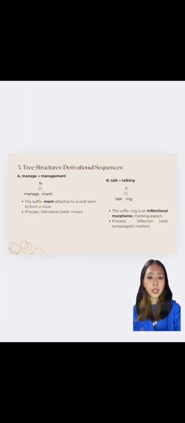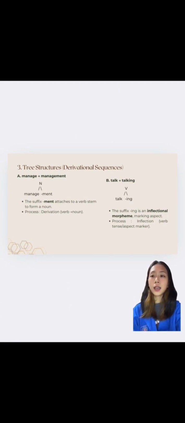Okay, for the next slide, it's number 3, tree structures or derivational sequence. You can see the tree diagram. So I will explain this slide. Each process can be visualized morphologically. In manage plus "ment", the suffix adds a new lexical layer, forming a noun.